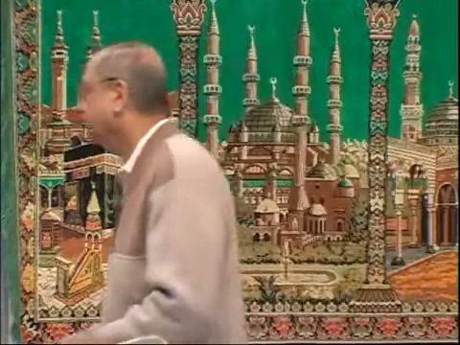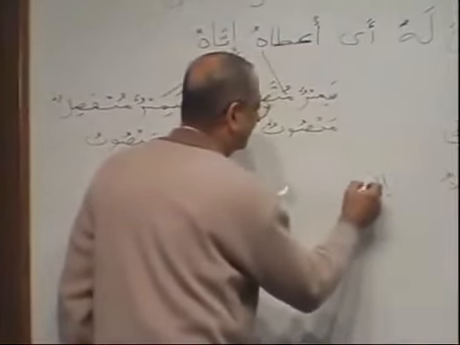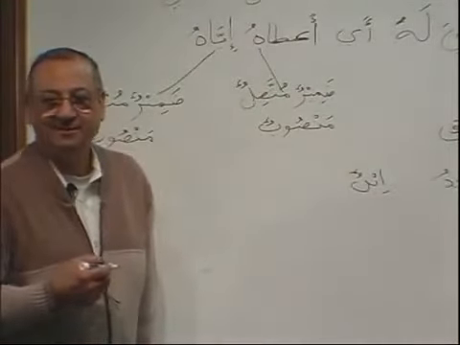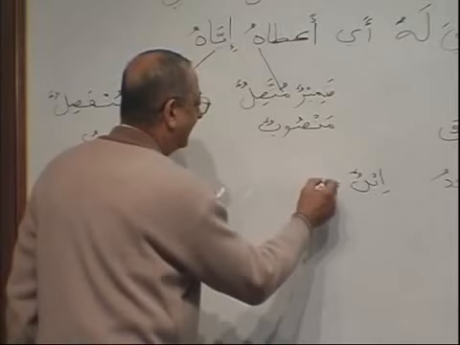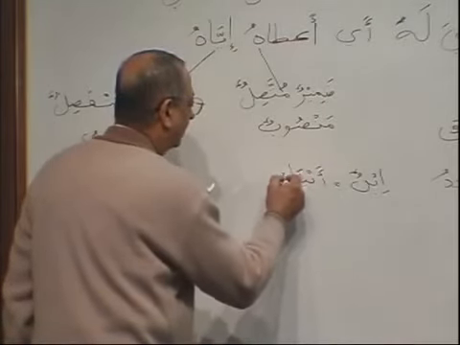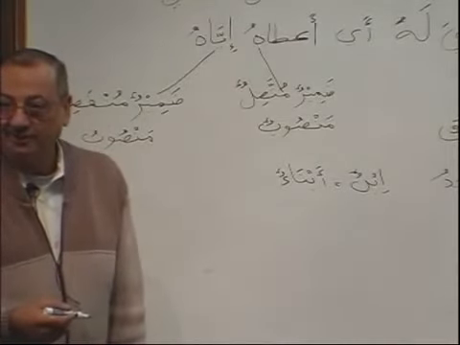Again, idh is zarf. Qala li banihi. You know what is this li banihi? Brothers and sisters, again, this is very, very interesting, brother. Ibnun has got two jam'. What is one? Abna'un. This is broken plural, jam' taksir.